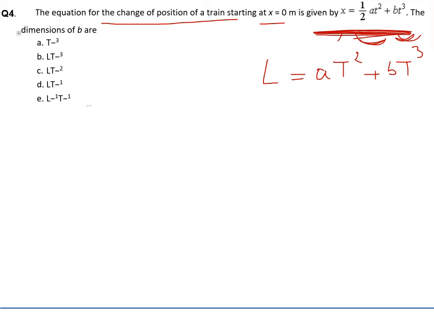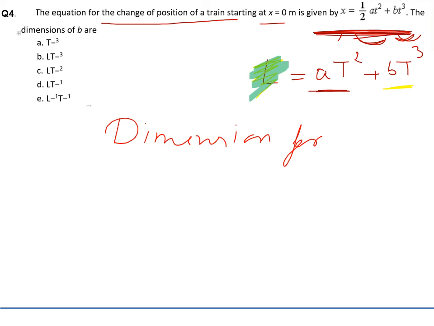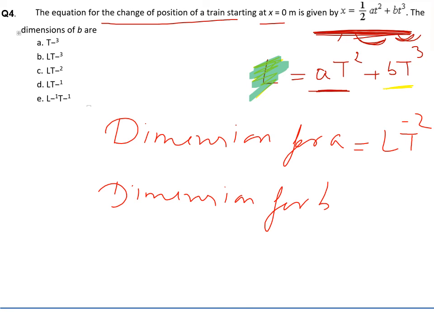So from this equation, this should have dimension equal to this, and this also should have dimension equal to this. So the dimension for A will be LT⁻², and the dimension for B will be LT⁻³.